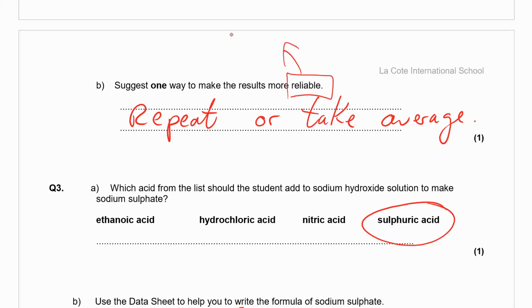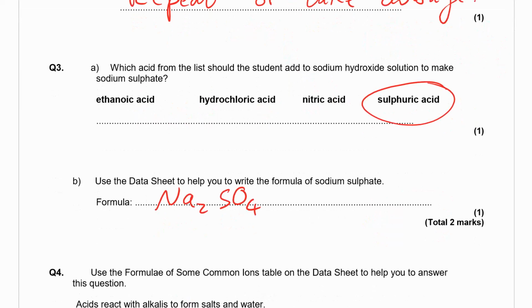So reliable is essentially average. If it was precise, this would be use more equipment with a smaller scale. And that's the difference between accuracy and precision.